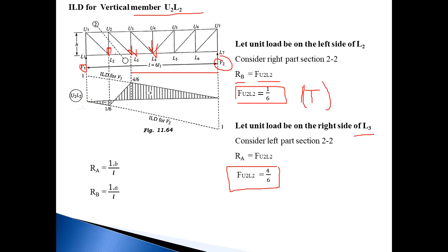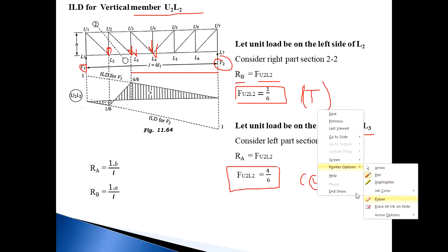Now see here, the nature of the force in the member is towards the origin. Towards the origin means compressive in nature. Means when the load is between L1 to L2, it becomes tension, and when the load is between L3 to L7, it becomes compression.